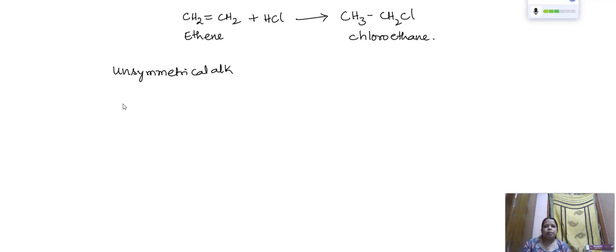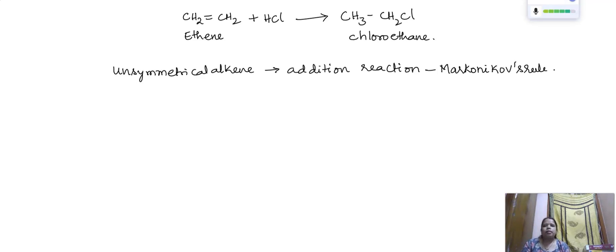If we take an unsymmetrical alkene and its addition reaction, then we need to keep in mind the rule which directs this reaction, that is Markovnikov's rule. So what does Markovnikov's rule state?